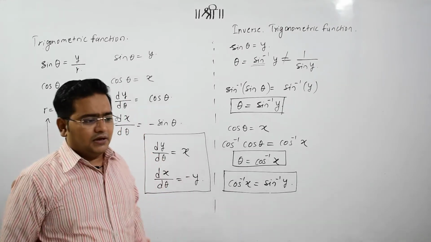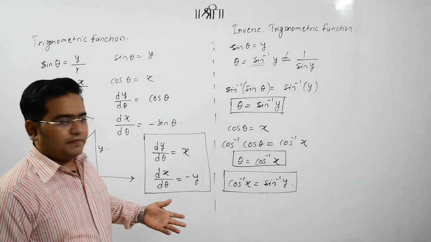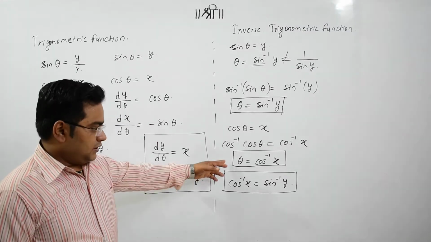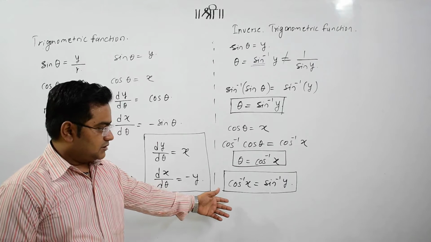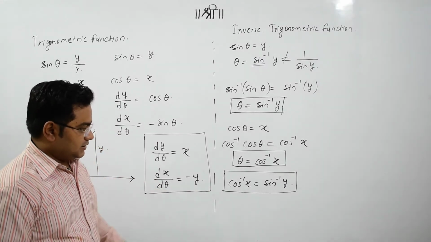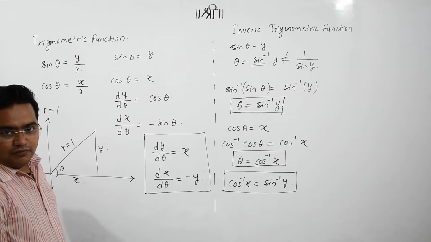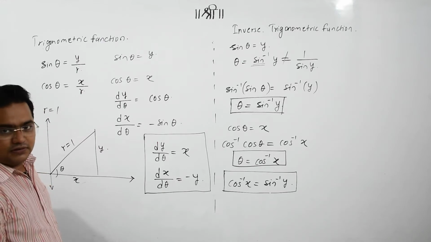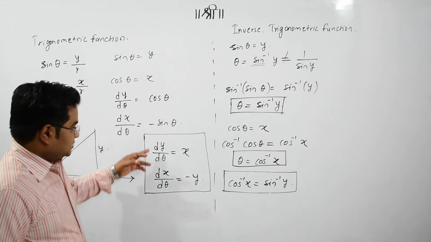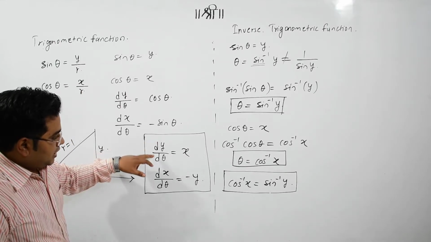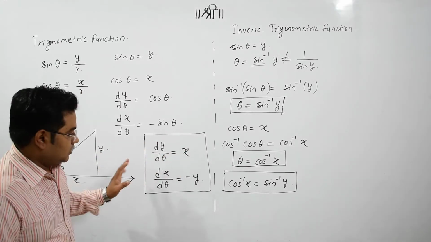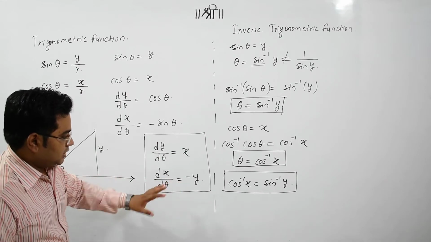So the integration parameter comes up to this. The next important thing: what if you take the derivative of this? If you differentiate these two parameters, dy upon d theta is equal to x, that we got, and dx upon d theta is equal to this, that is also correct.